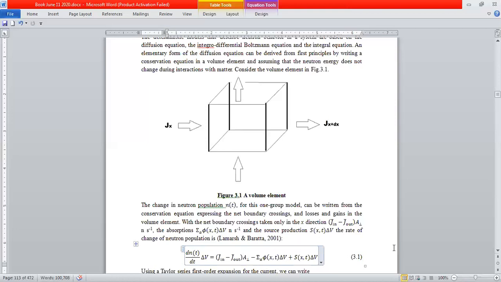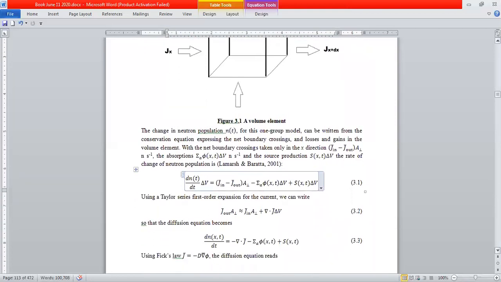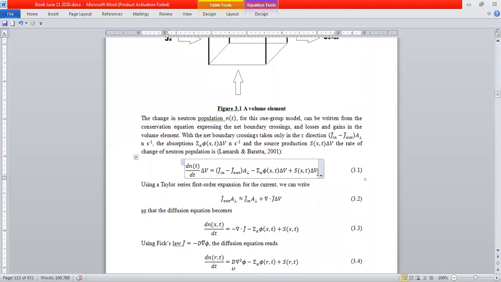Now in this model, I'll call this the one group model. What I'm assuming is that the speed is not changing even though interactions are taking place. So what you see on the left side over here is, in terms of units, neutrons per cubic centimeter multiplied by cubic centimeter. So it's neutrons per second, increase or decrease in the box.